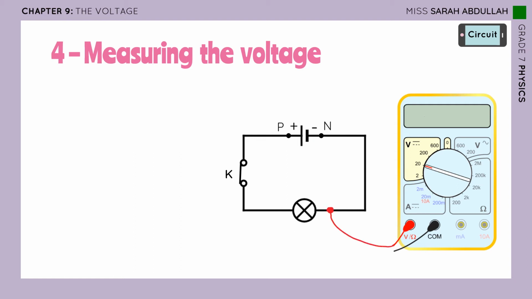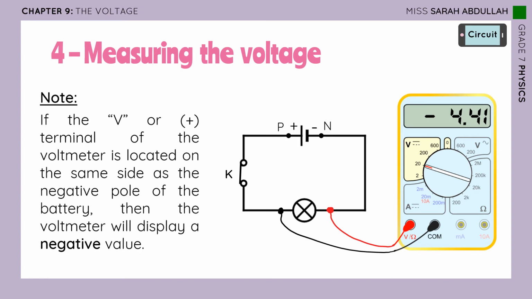So yeah, if I did this, then the voltmeter will give me a negative value, and that's it. It will not get damaged, okay? So to correct the indication, I can simply reverse the connections of the voltmeter, which means the V must be connected here and the COM here, or I can simply reverse the connections of the battery. So, yeah, this is the note.